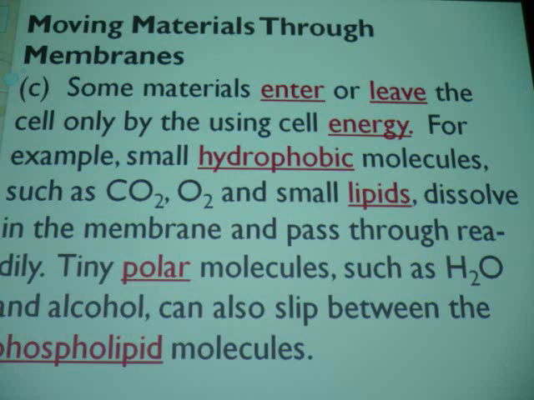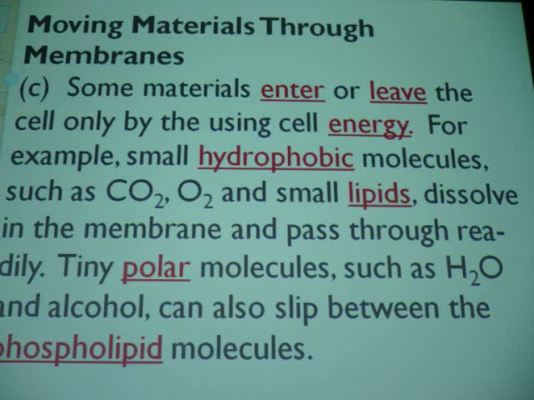Those gases go right on through the membrane because they are hydrophobic. If you're hydrophobic, you hate water, you love fat, so you'll pass through the fat. If you're hydrophilic, you love water, you hate fat. If you hate fat, you don't go through it.